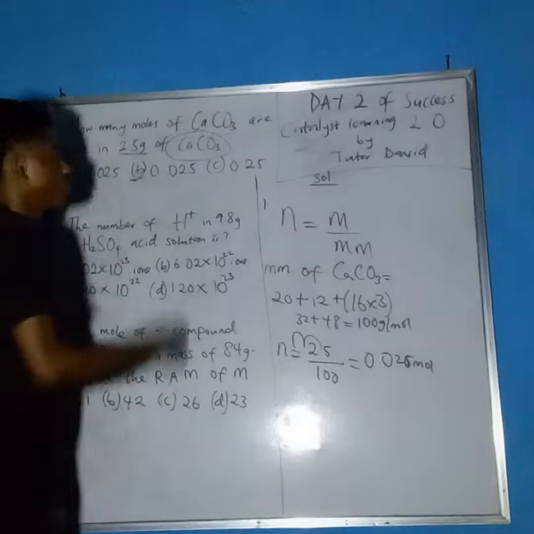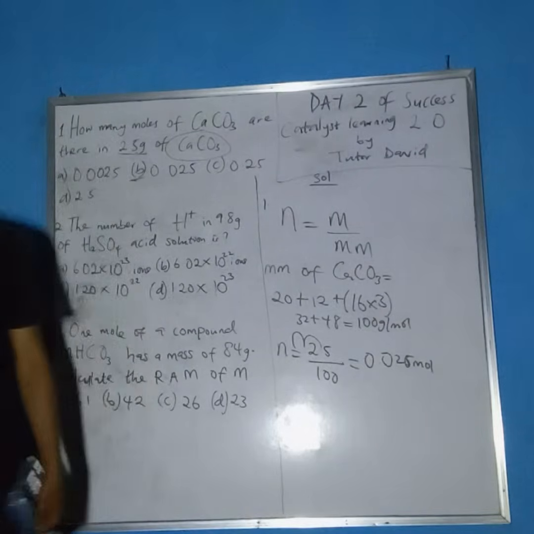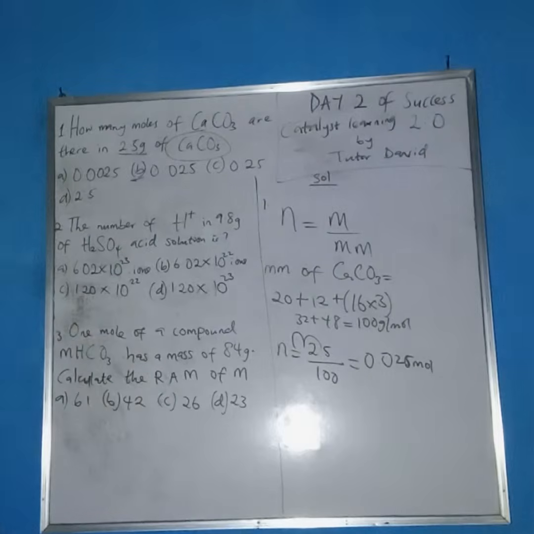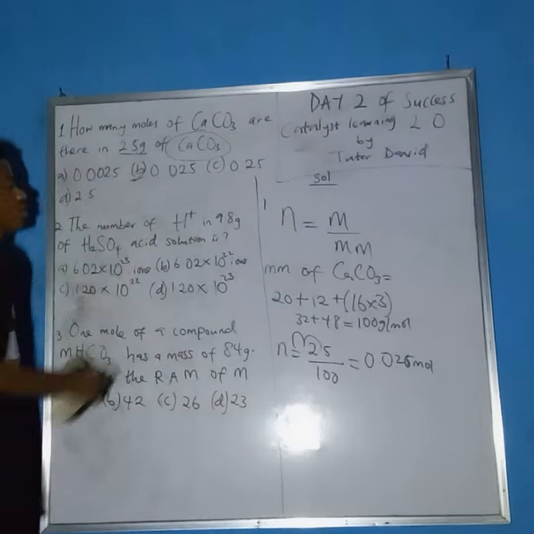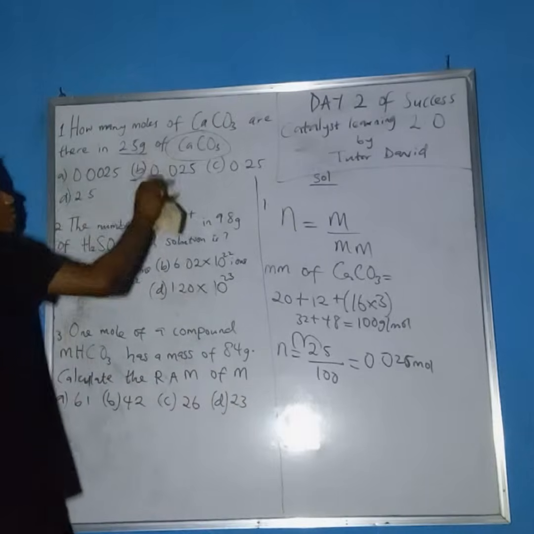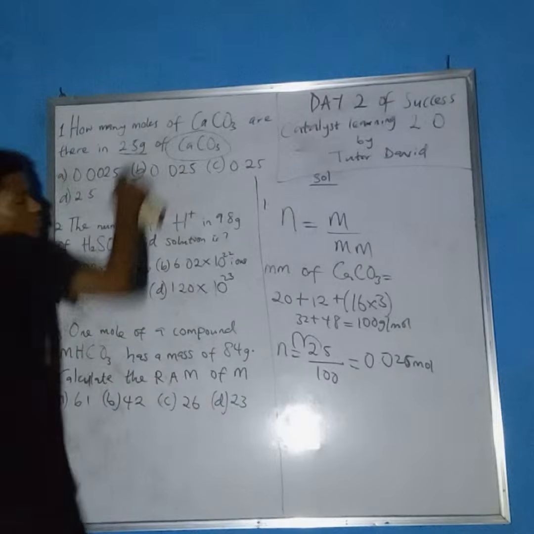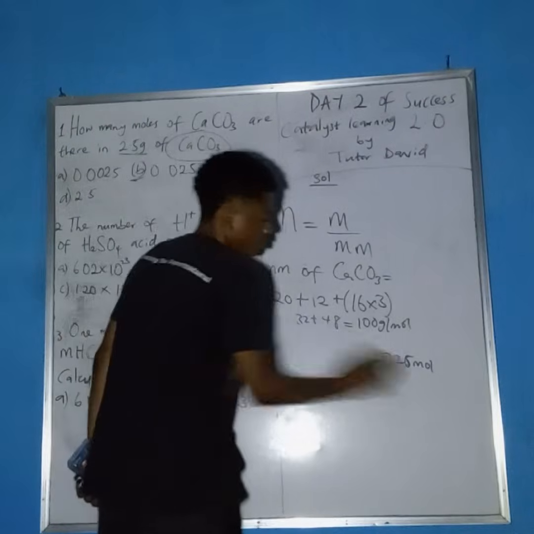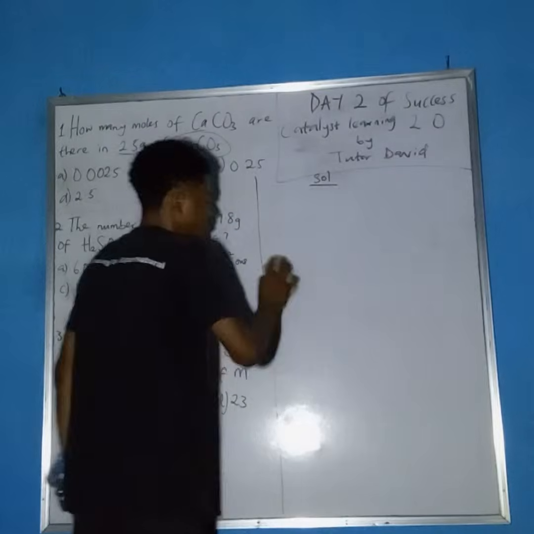All right, so now this is for the first question, and we will move immediately to the second question. So the answer is 0.025 mole. That is the number of moles found in 2.5 grams of calcium carbonate. And then we continue. Let's proceed to the second question.